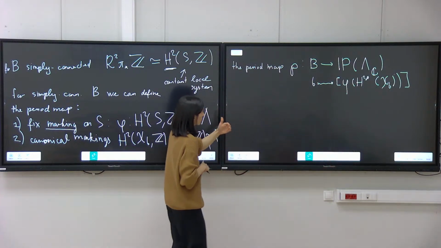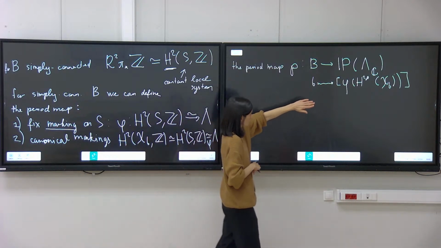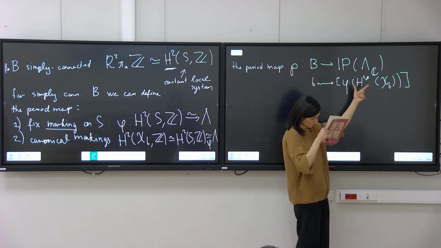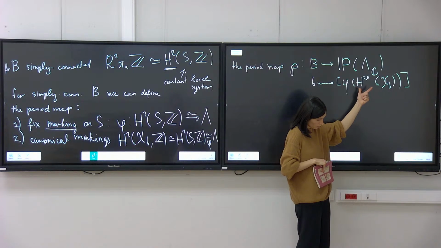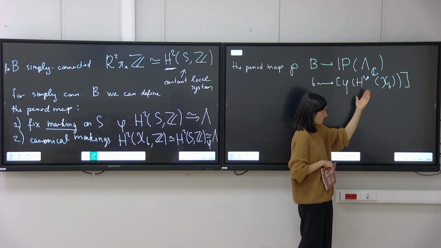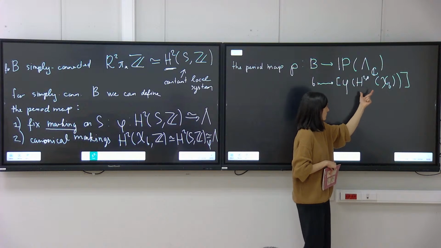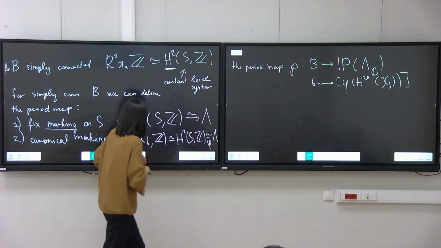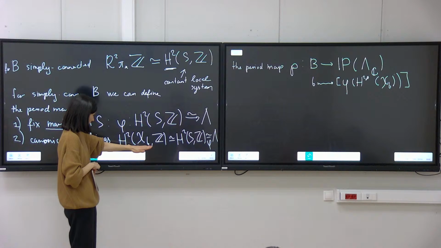But note that if our base is not simply connected, then this line subbundle gives you an embedding in the complexified second cohomology.